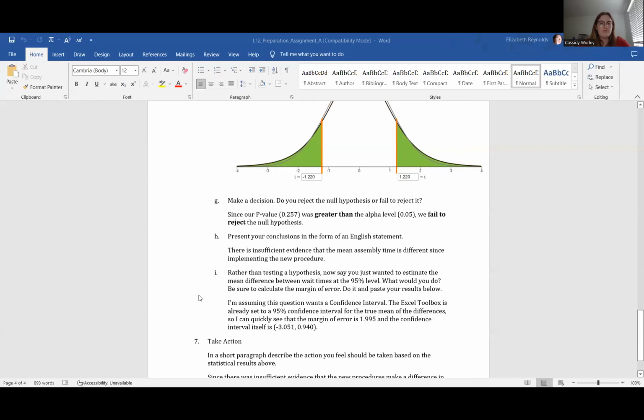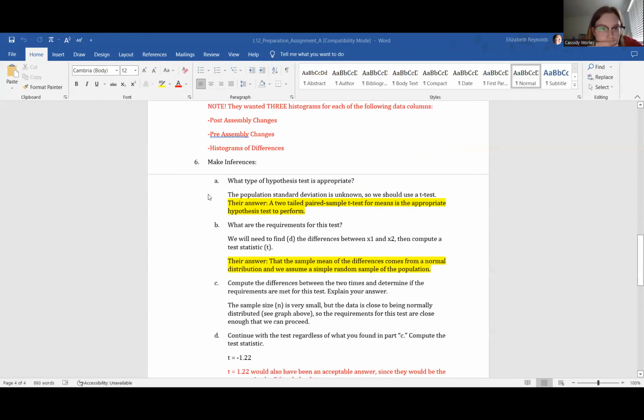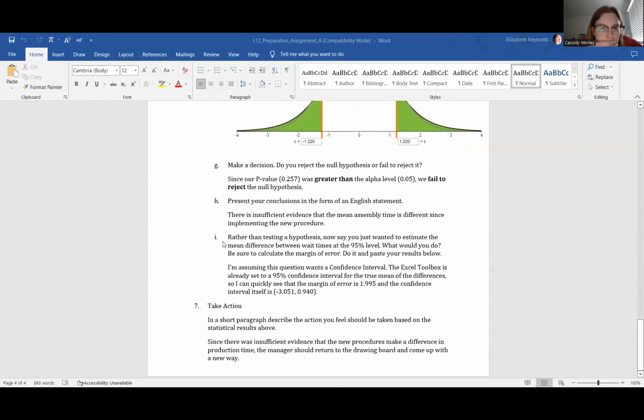Actually, further down in the preparation assignment, this is question 6, all the way down at point I, they had the keyword here, 95 percent level. So even though they didn't specify confidence interval in the question, because I saw that level, that was sort of my tip for what to do.